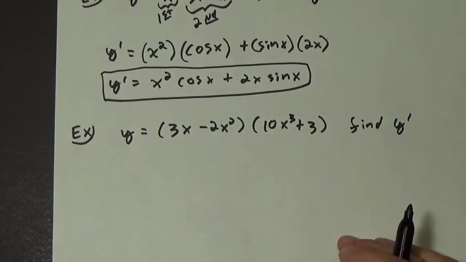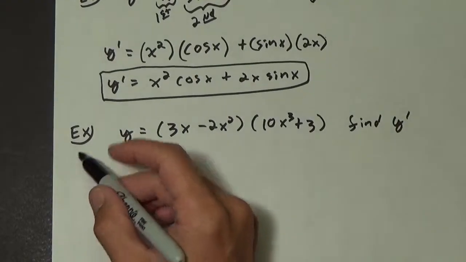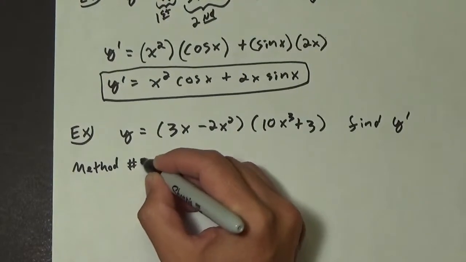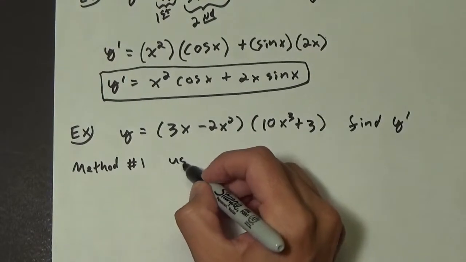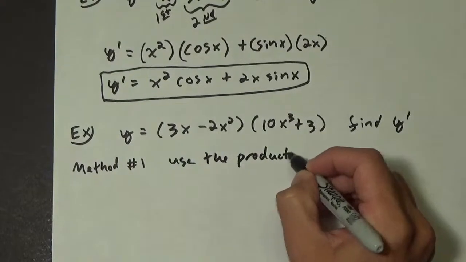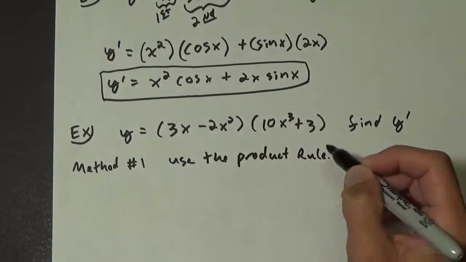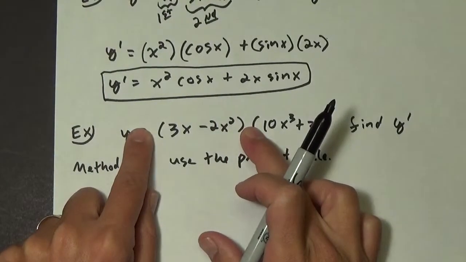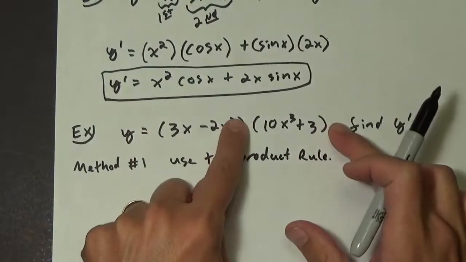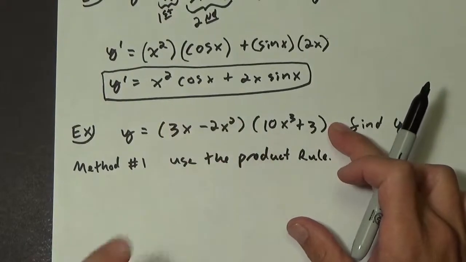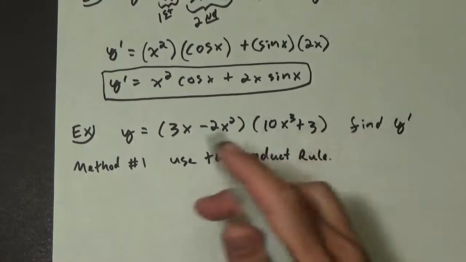So let's look at both methods. So method 1 would be to use the product rule. Because in this case we have a function here, 3x minus 2x squared. We have a function here, 10x cubed plus 3, and they're being multiplied, so this is a product rule.